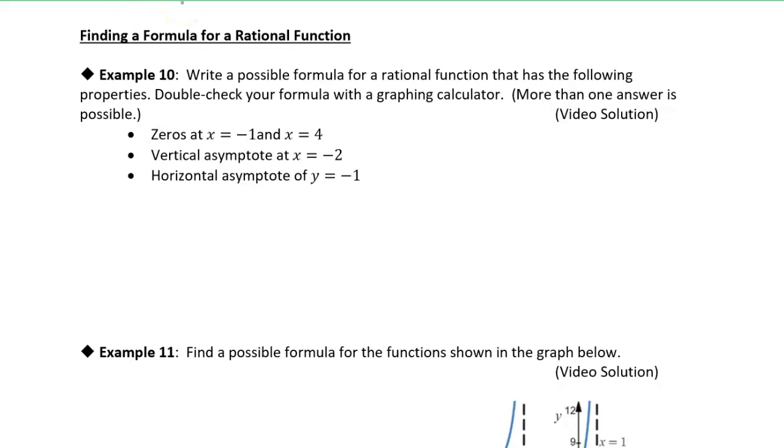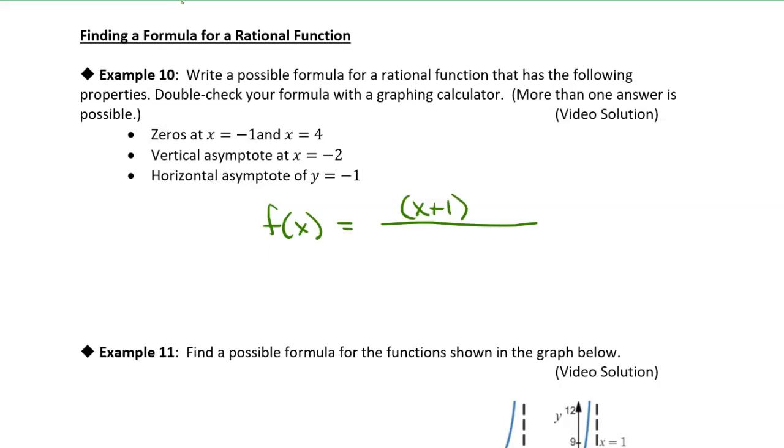So first of all, let's just write f of x is equal to something, and it's going to be a rational function, so it's going to have a numerator and a denominator. Now remember, the zeros occur whenever the numerator is 0. So if we have a 0 at -1, then we have to have a factor of x plus 1 in the numerator.